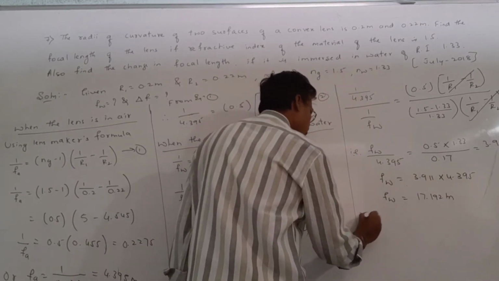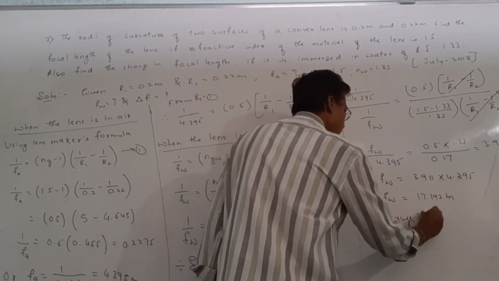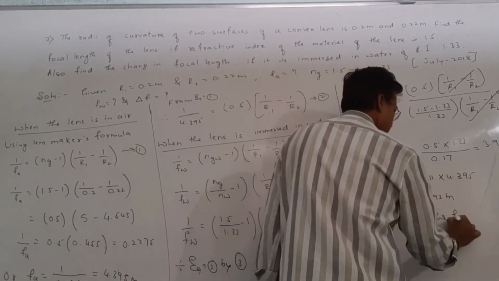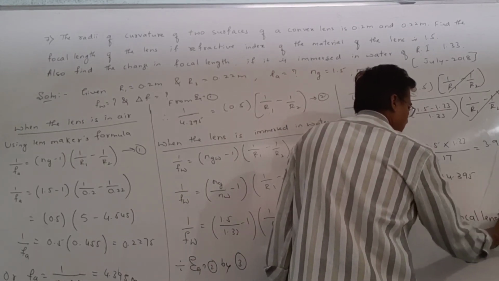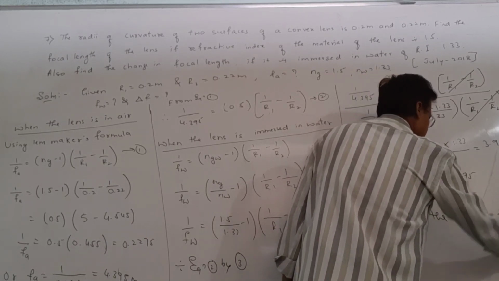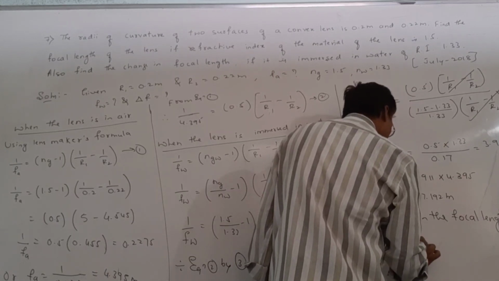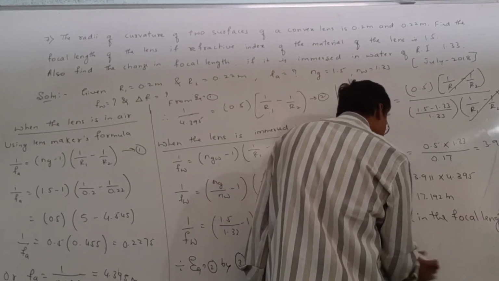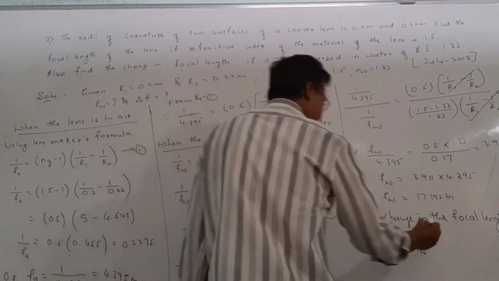Okay, so therefore the change in the focal length of the lens is delta F equal to FW minus FA.